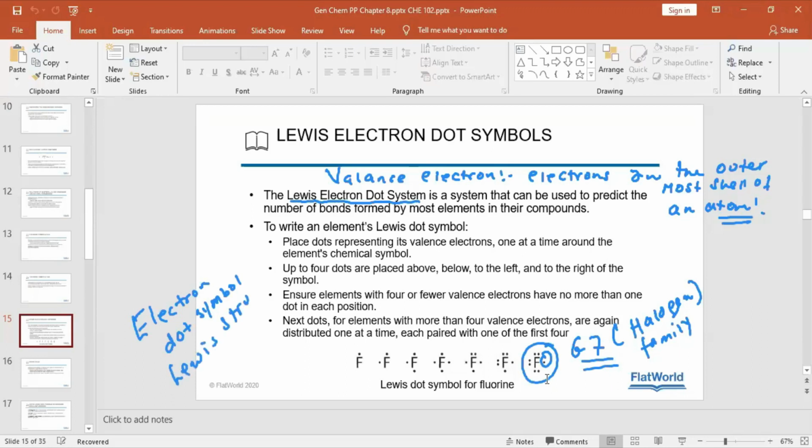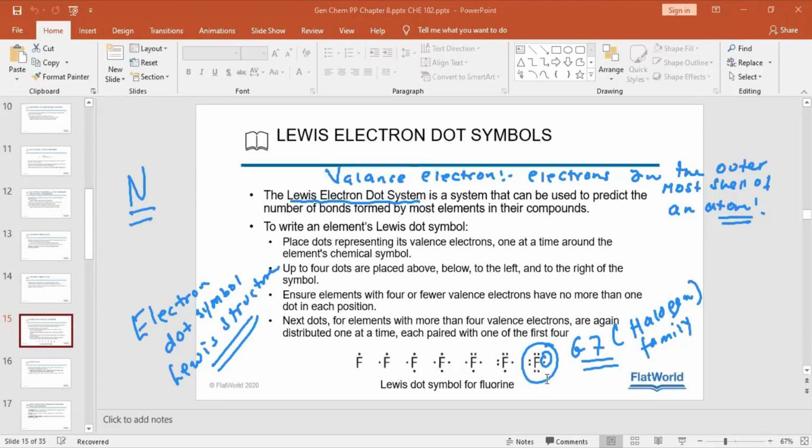So we have to start from a single element. For example, if I have nitrogen, right? I have an element of nitrogen, and I'd like to draw the Lewis electron dot symbol for nitrogen. What do you think the electron dot symbol for nitrogen would be?